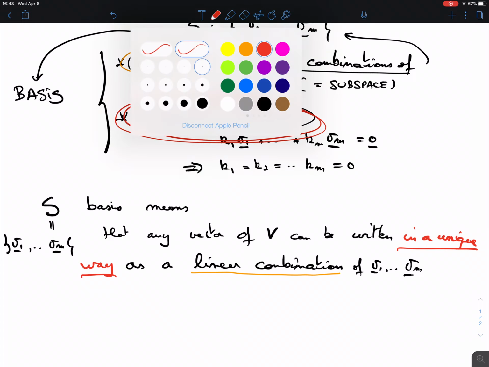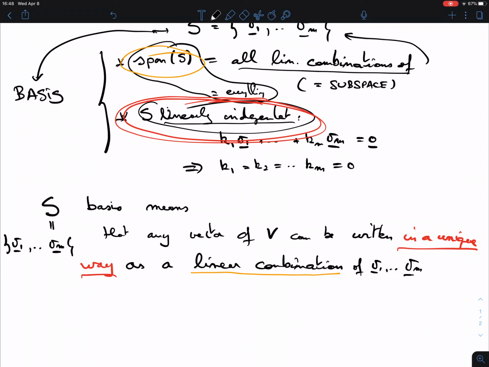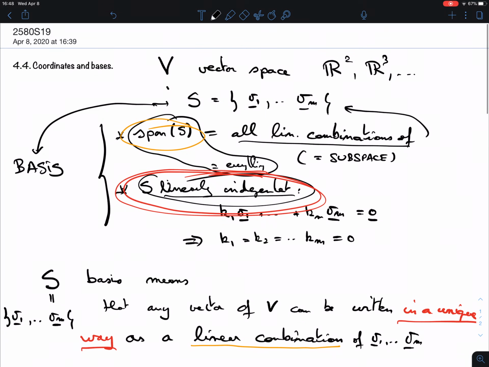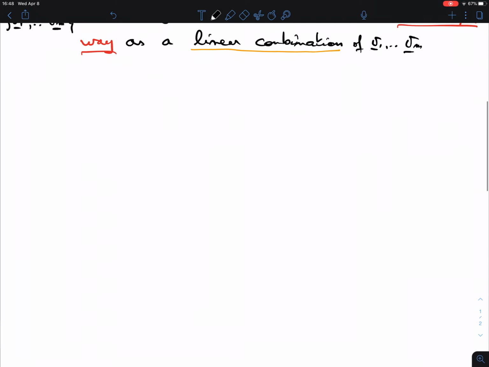Now, this is a topic that we're going to discuss at more length in the next sessions as well. So we're not going to do everything about it yet. And so we're going to concentrate for now on vector spaces that we know. These are R square, R cube, and so on. So let's figure out what this means in these cases.